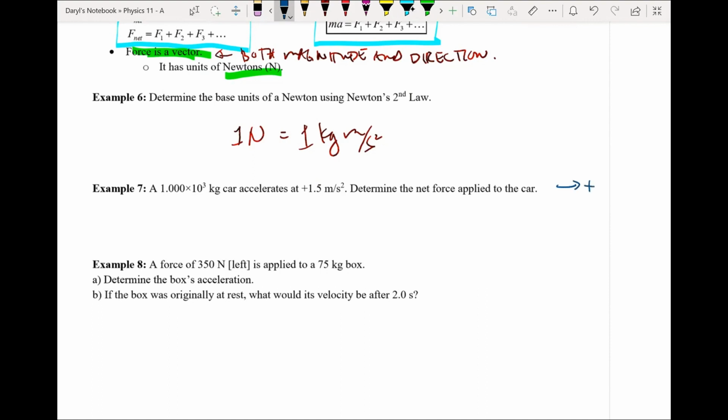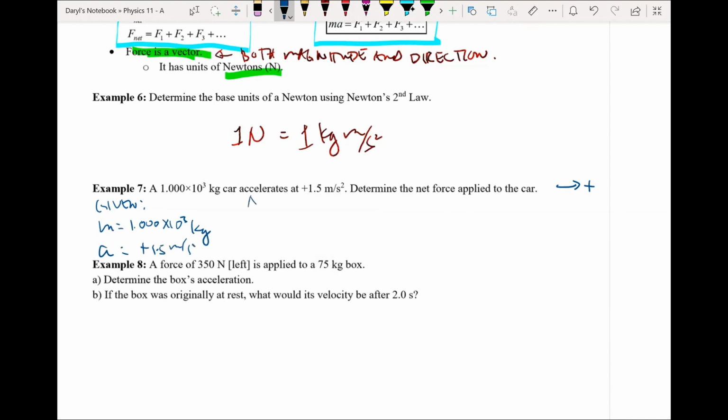I'll write my given quantities. Mass is 1.00 times 10 to the power of 3 kilograms, and the acceleration is positive 1.5 meters per second squared.